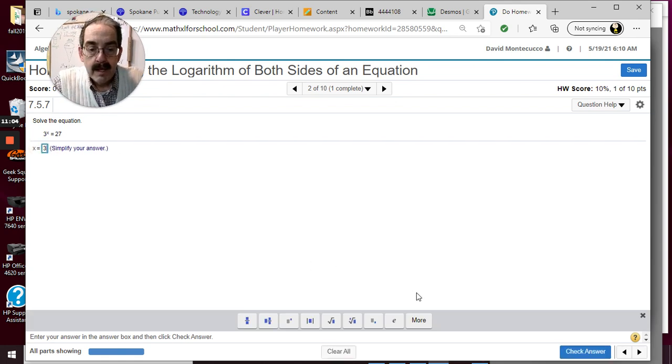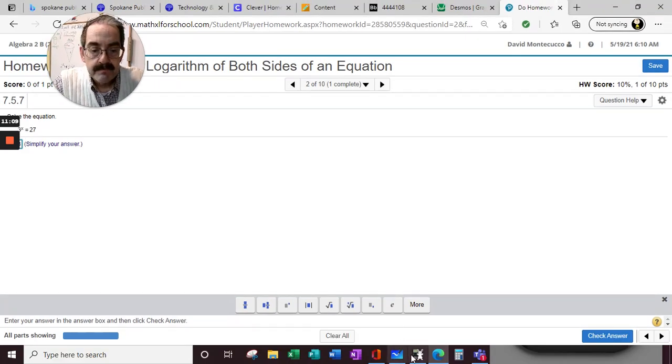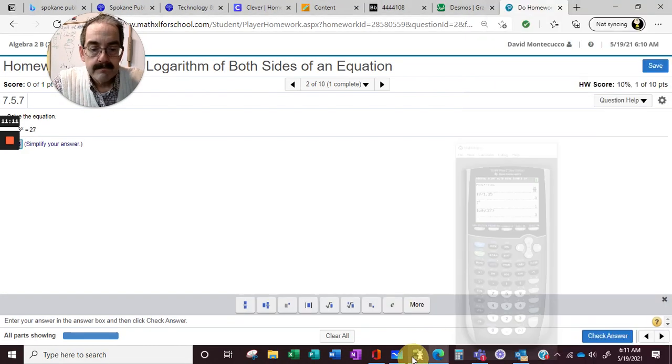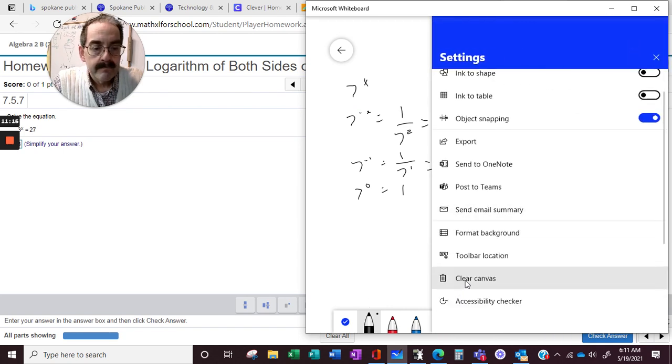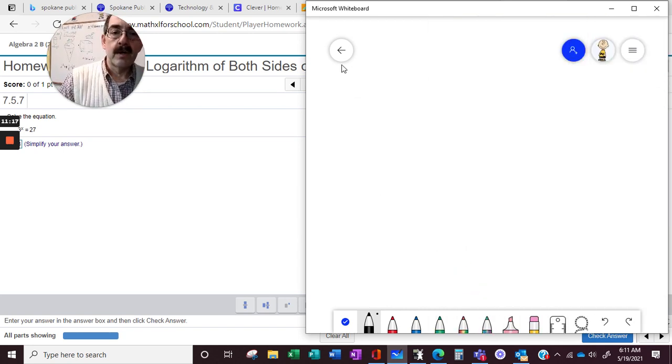Now, if you had to, you could take the log of both sides. 3 to the x equals 27.